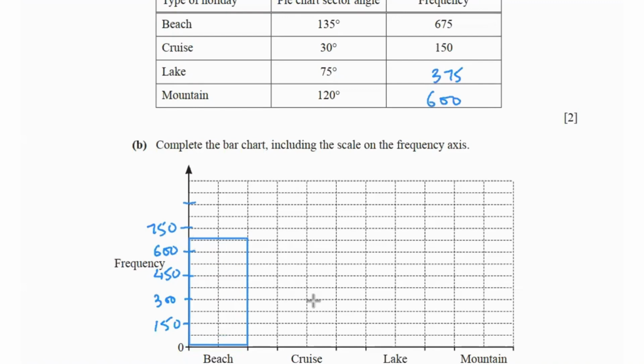Then for cruise, it's 150. For lake, it's 375. And for mountain, it's 600. And that is your bar chart.